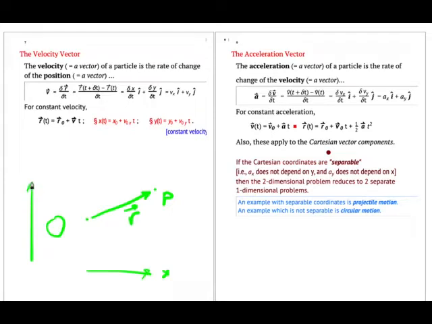There are the x and y axes. But there's some origin, and I measure the displacement from the origin, which defines the position of the particle. Now the particle's moving around in this plane, so the position changes in time. So that's a vector, and it's a function of time t.